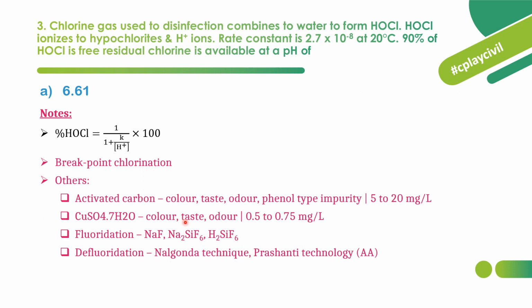And when there is excess fluoride, we have to remove it. That is called defluoridation, using the Nalgonda technique or Prashanti technology, which is nothing but activated alumina. So these are the things we use for fluoridation and defluoridation, and these are the minor things regarding disinfection and the treatment of water.